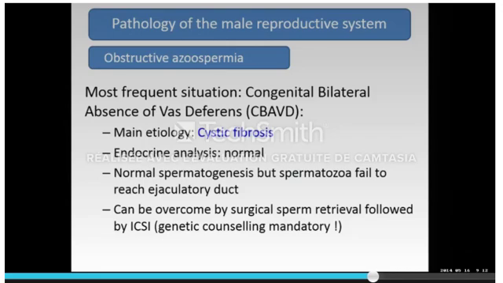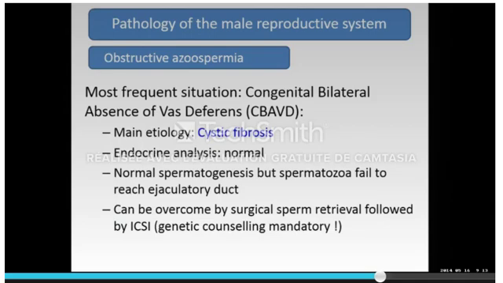Okay? So in this case, endocrine analysis is normal. Why is that? Because spermatogenesis is normal. This is an anatomical problem, okay? Some would say a problem of primary, but there is no problem with spermatogenesis, okay? The only point is that spermatozoa fail to reach the ejaculatory duct. So this can be overcome if the couple agrees with that, of course.